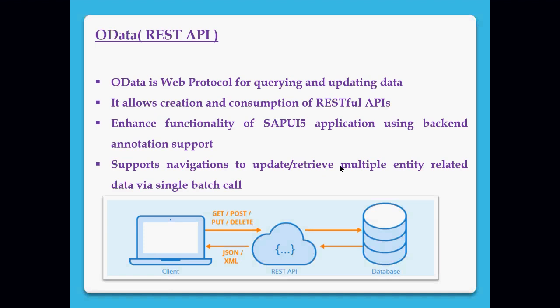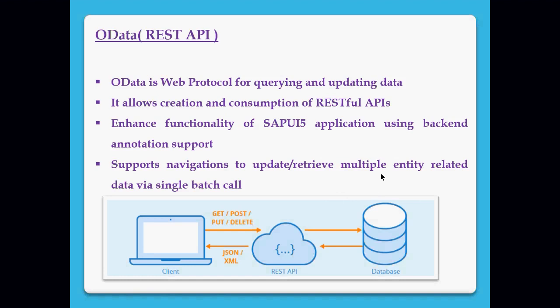So for that we'll need associations, and an association, as we discussed in the earlier section, is nothing but a relationship between two entities. To use this association, an entity will need something which we call navigation. And using a single batch call, we can access multiple entities and perform their updation, retrieval, or creation. That's all we would be seeing in upcoming lectures.